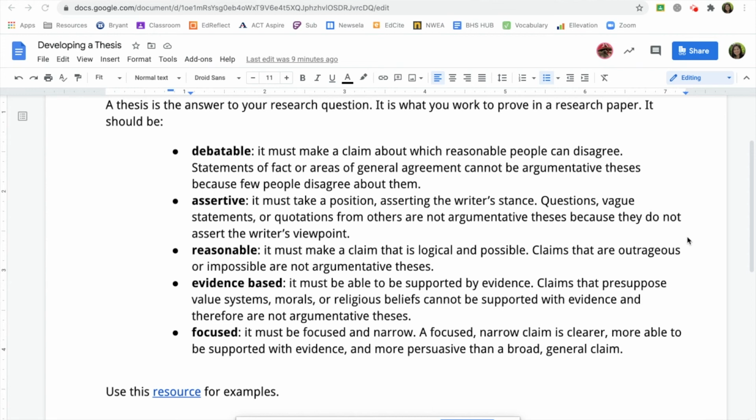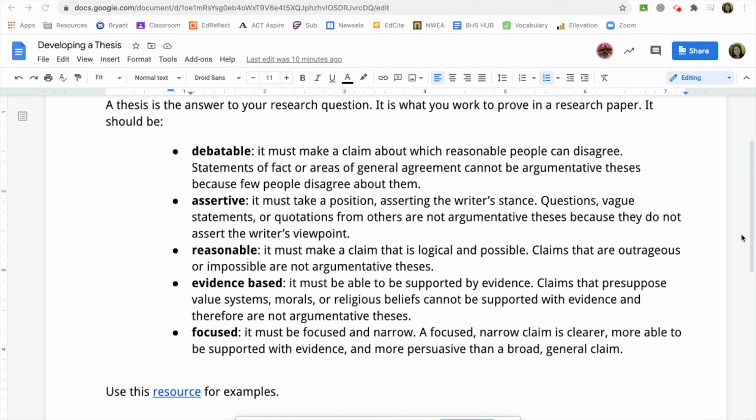And then focused. So instead of trying to overhaul lots of different things about school to save money, like, I don't know, textbooks or computers or whatever, this is just one small solution about saving money. So it is focused. So that example does meet the criteria for the thesis statement.